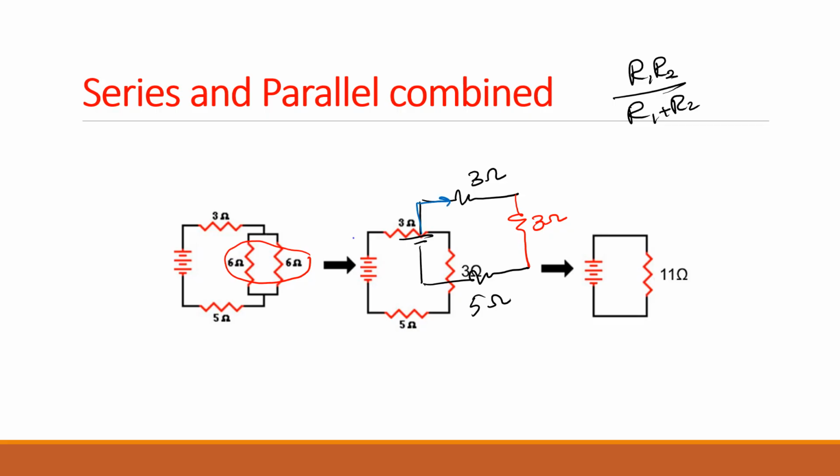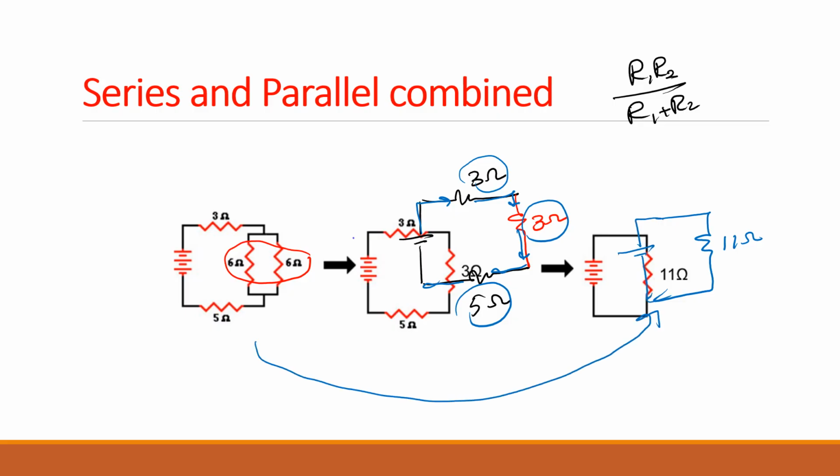They all have the same current. They don't have anything in between. So we can add them together. That will be 6, 11. So we can say 11 ohms, and we have our voltage source. So this circuit can be simplified to this one, considering the series and parallel connections of resistors.